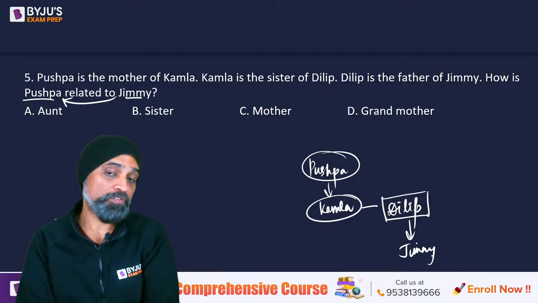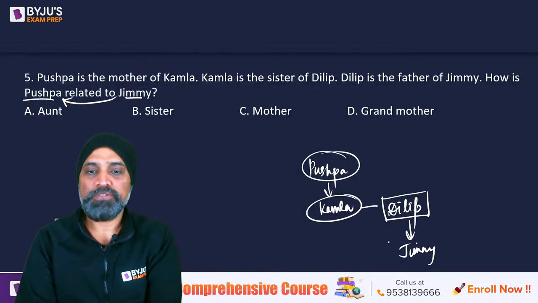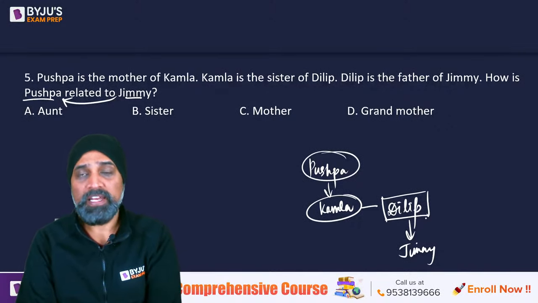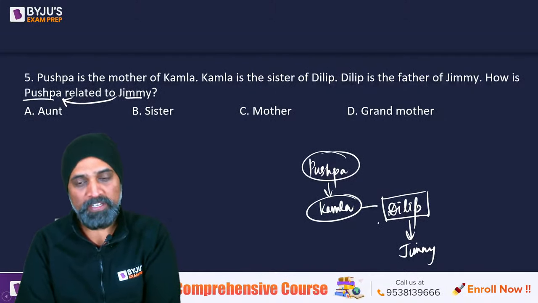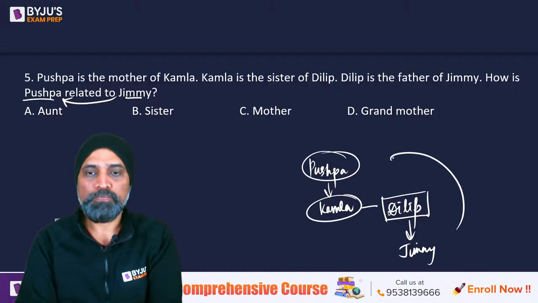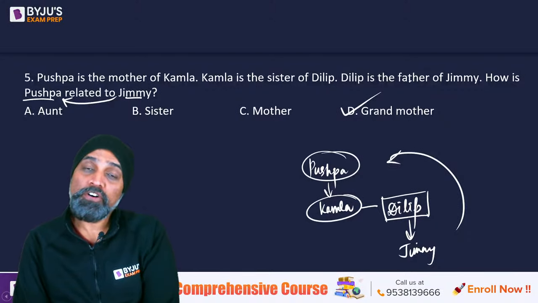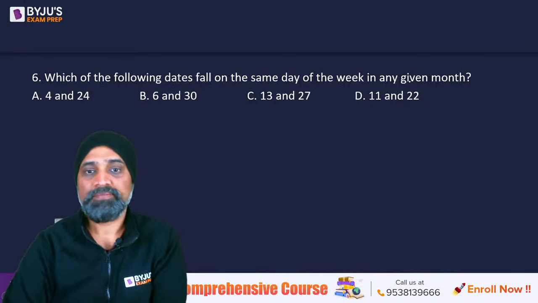We don't know the gender of Jimmy, but we are pretty sure Dilip is a male. Now, how is Pushpa related to Jimmy, as in what will Jimmy call Pushpa as? So Pushpa has two kids, Kamla and Dilip, that we are aware of. And then Dilip has a son or a daughter, Jimmy. So Jimmy is going to call Pushpa by the relationship grandmother. Pushpa is mother of Jimmy's father. Okay.